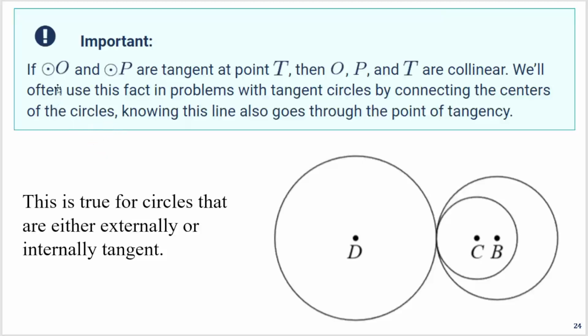If circle O and circle P are tangent at point T, tangent means they only meet at one single point, then O, P, T are collinear. We'll often use this fact in problems with tangent circles by connecting the centers of the circles, knowing this line also goes through the point of tangency. This is true for circles that are either externally or internally tangent.